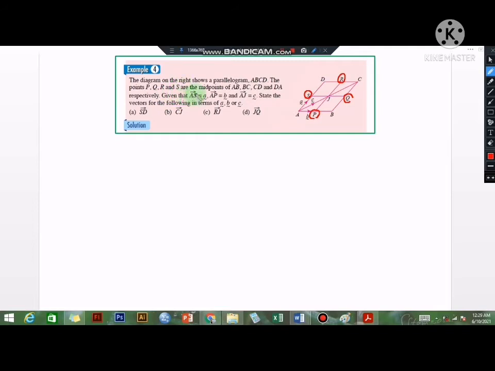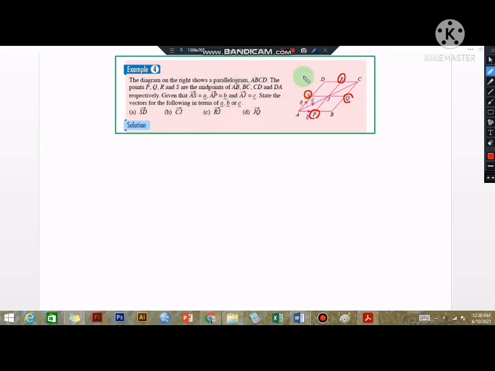Given that vector AS is equal to vector a, vector AP represents vector b, and vector AJ represents vector c. State the vector of the following in terms of a, b, or c.